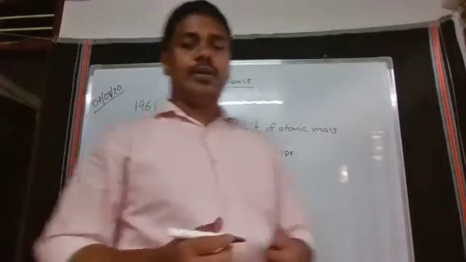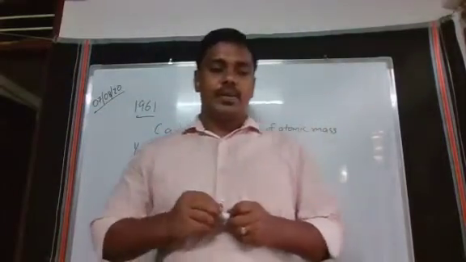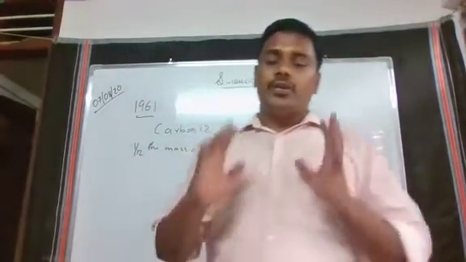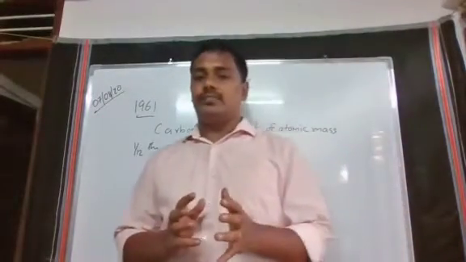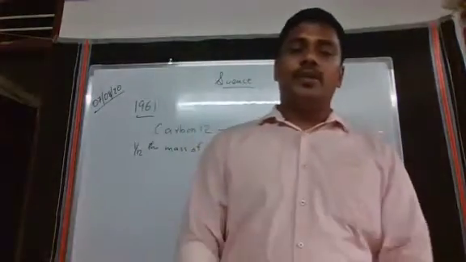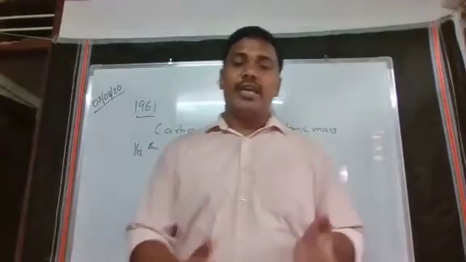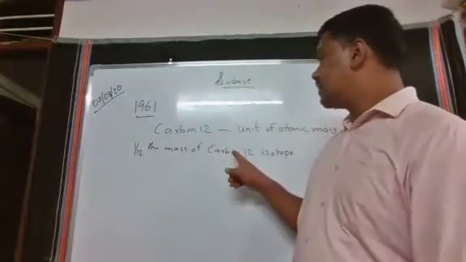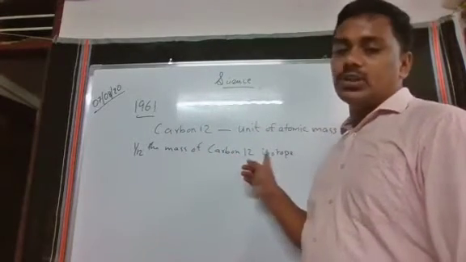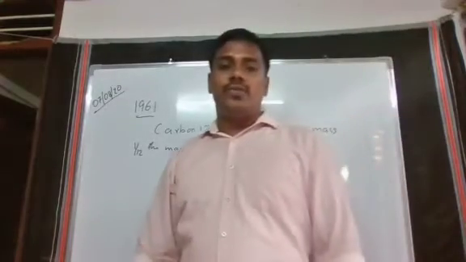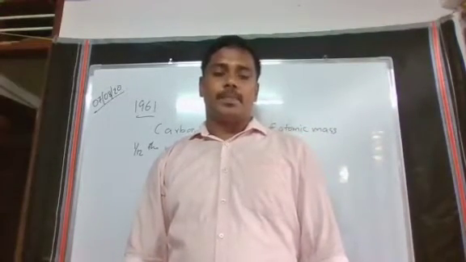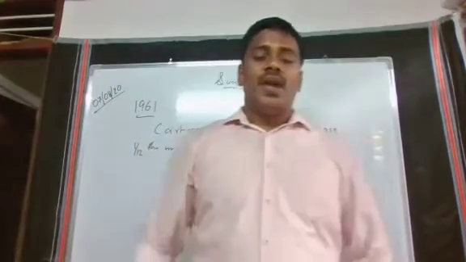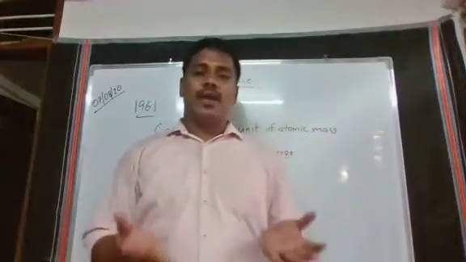And how then was the atomic mass found? Not exactly, but somewhat nearer atomic masses were found by considering carbon 12 isotope as the unit of atomic mass. So, for example, a fruit seller, you like watermelon.